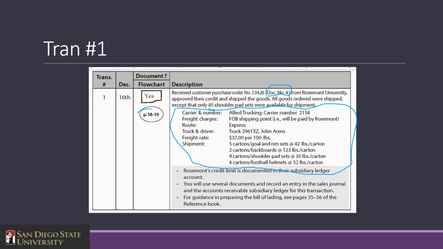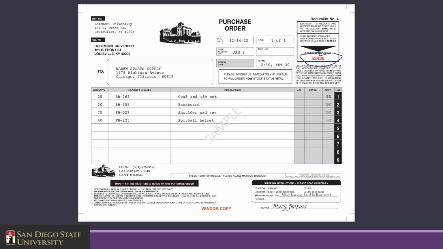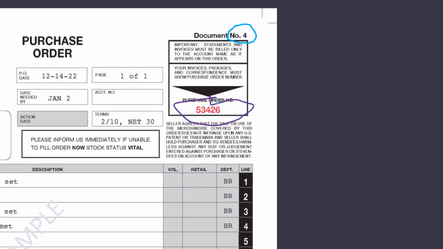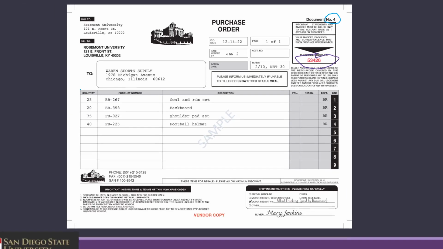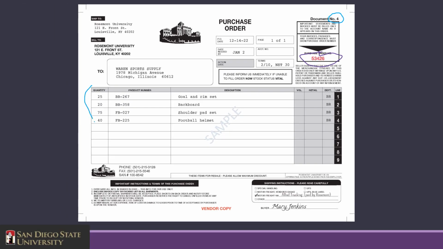So the reference book page for the flowchart is pages 18 and 19. Let's pull out the purchase order, document number 4 here. And this is their purchase order number here. In the purchase order, it shows what Rosemont has ordered.